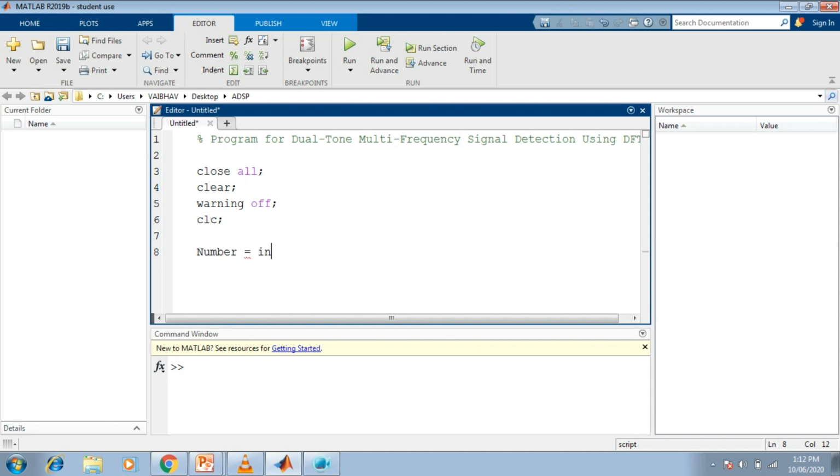The acceptance can be made with the help of the MATLAB syntax input, whereas within the pair of parentheses and a pair of single quotes we write: enter the telephone digit. So this digit we are going to accept from it. So here we provide it to be s as well.